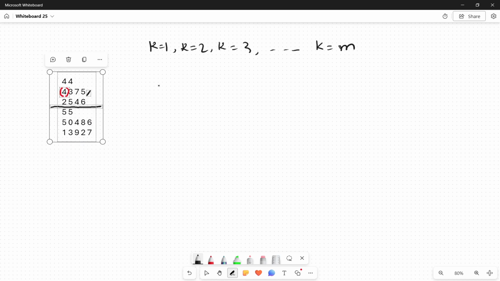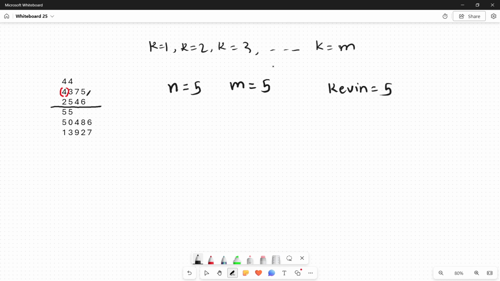Here n is equal to 5 in the second test case, m is equal to 5, and Kevin's rating is 5. Let us arrange them in increasing order: 0, 4, 5, 6, 8, and let us arrange the questions in our order.